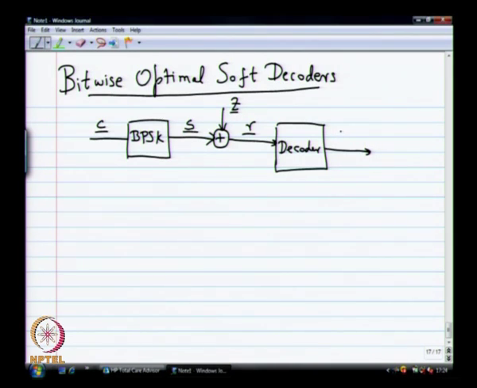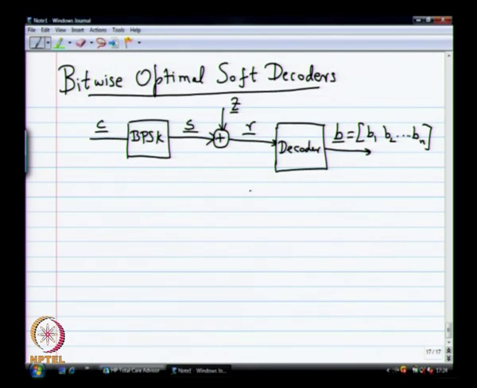I do not want to use C cap because it is not necessarily a code word. Any ideas? We will do B, B for bit. So it will output a vector B, B1, B2, Bn.